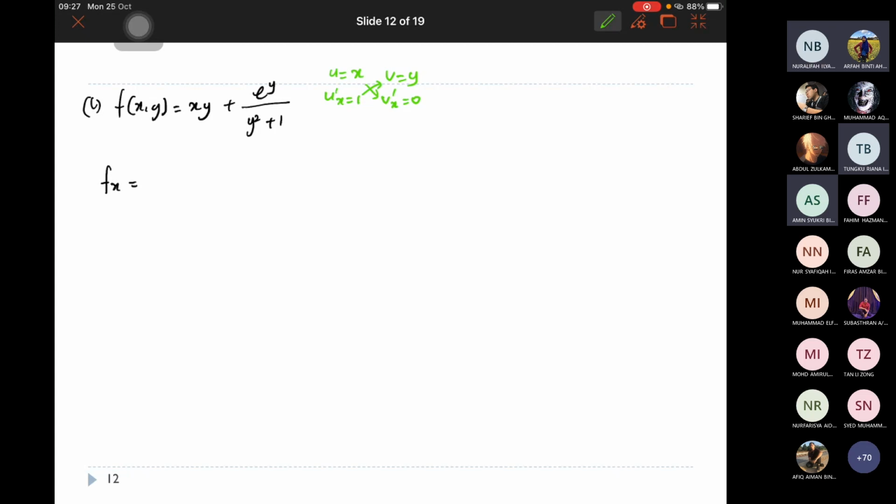So second term tu terus become kosong. You don't need to do anything because it's all with respect to y. So delta f over delta x you get y. Okay. Then dapatkan kalau fxy akan jadi 1. Fxx akan jadi kosong.